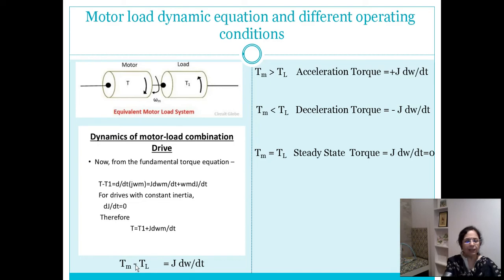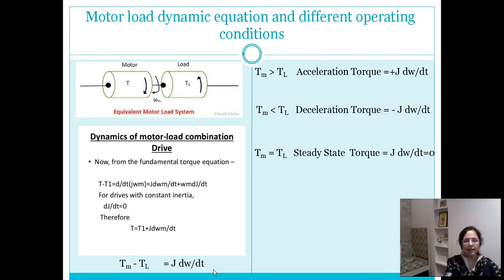Now why this negative sign? Because the convention is such that motoring torque and load torque are always in opposition to each other. So when we say motoring torque is positive, load torque is in the opposite direction. So this is a convention which is being used. The direction of rotation for the motor is always considered positive for anti-clockwise direction of rotation. That is also a convention.